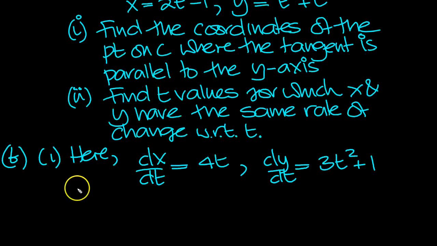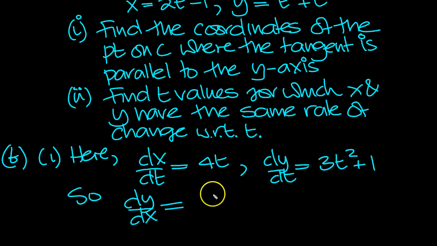So dy dx then is equal to dy dt divided by dx dt, 3t squared plus 1 divided by 4t.